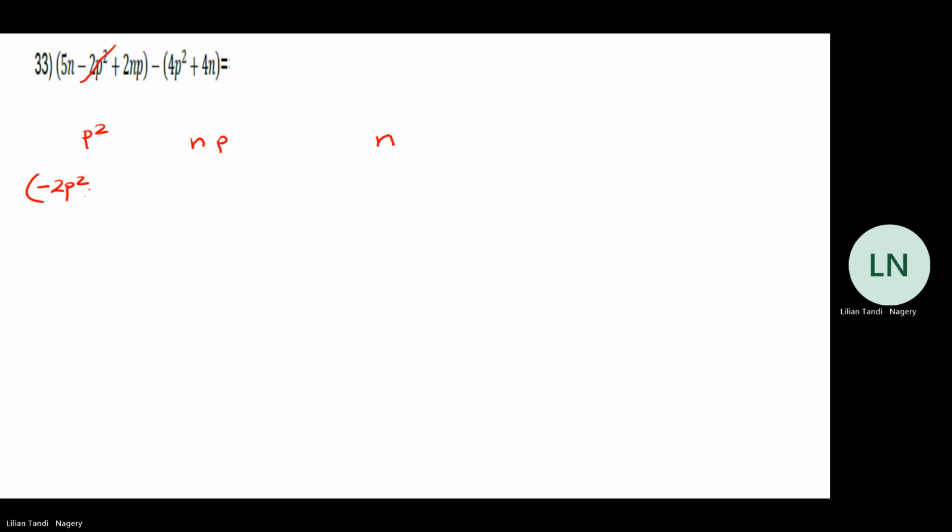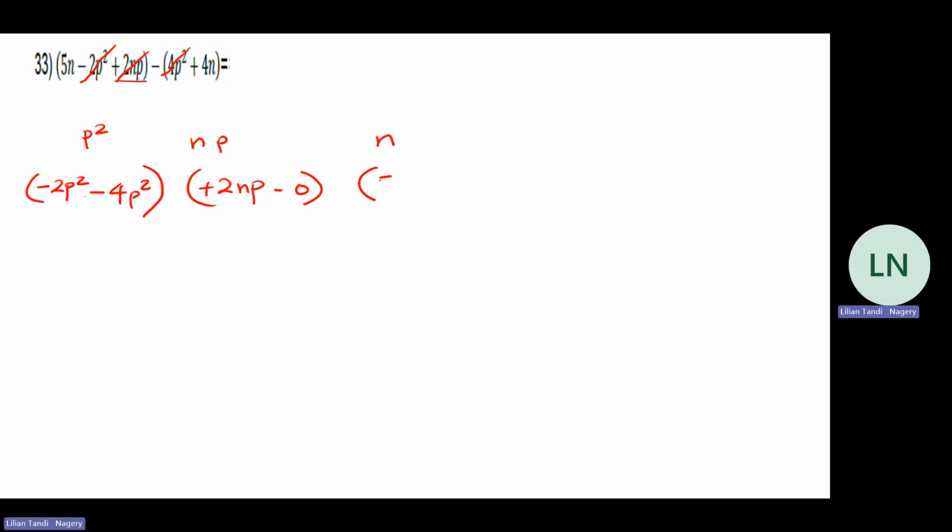Subtract. So minus 4p squared. Then I do np. I have positive 2np. It does not have a friend here. Minus 0. Okay? I'm supposed to do this because I've used it. Now I do my n's.